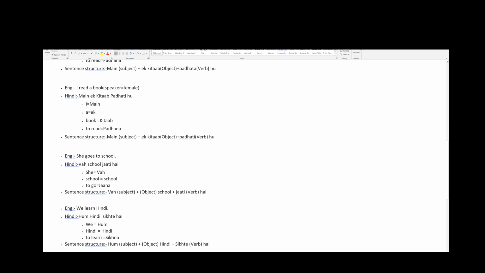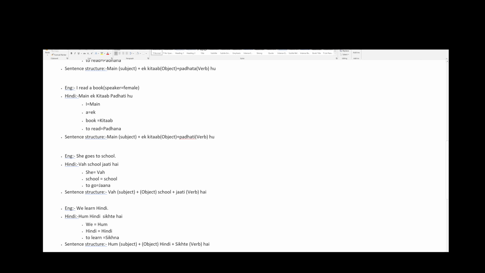I mean there is no other word in Hindi for school. There is a word but that word we don't use nowadays. वह स्कूल जाती है. जाना, to go. She, वह, school, school, to go, जाना.